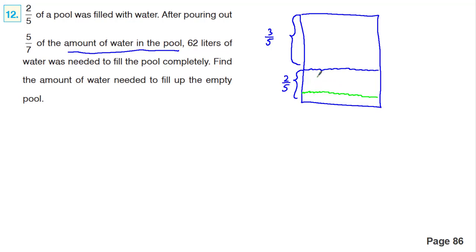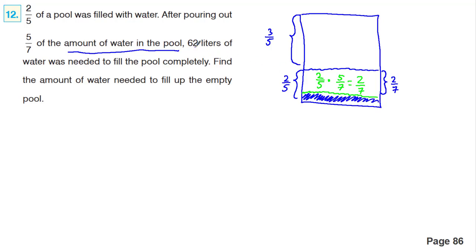Well, it dropped 2/5 times 5/7. So you multiply the amount of water that was there times how much you remove from that amount. So it's 2/7. So it removed 2/7. What does that represent? This height from here to here was 2/7. And the leftover part is the part that remained with water.